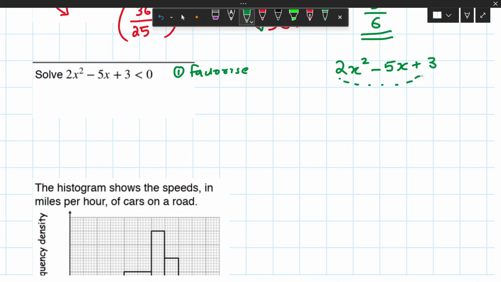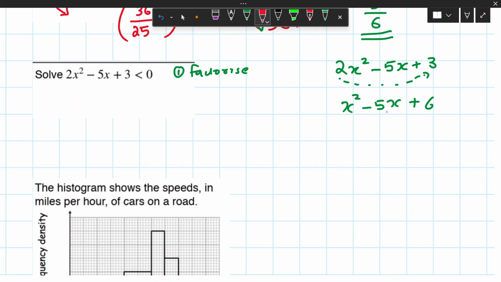So we're going to multiply by the 2. That would give us x squared minus 5x plus 6. And this is one of those confusing ones. People tend to do 1 and 5, 2 and 3. Yeah, 2 and 3 would be the right one.